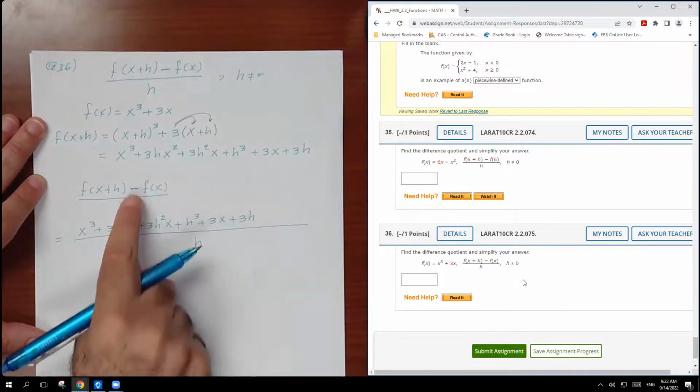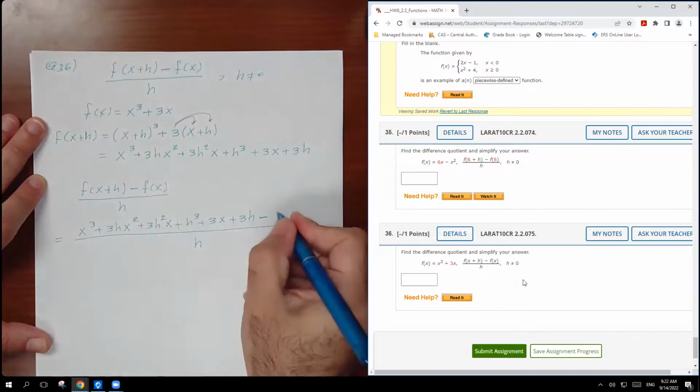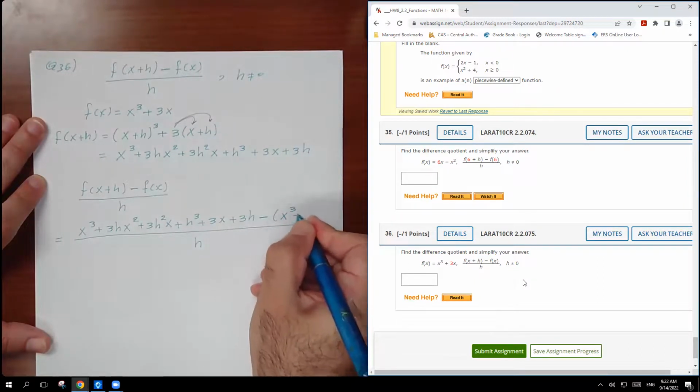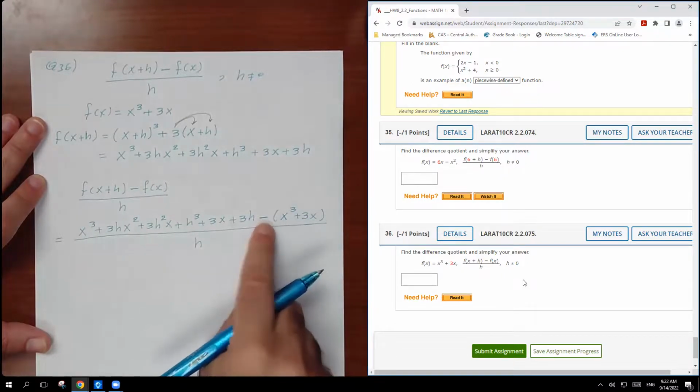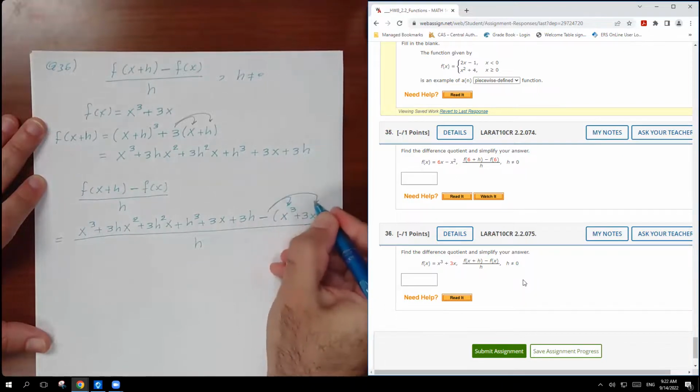We didn't finish. Minus f of x, which is the function, which is x cubed plus 3x. And be careful here with the minus parentheses, because you're going to distribute the negative sign, which is the next step.